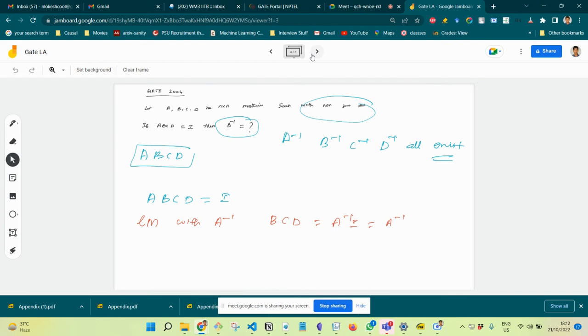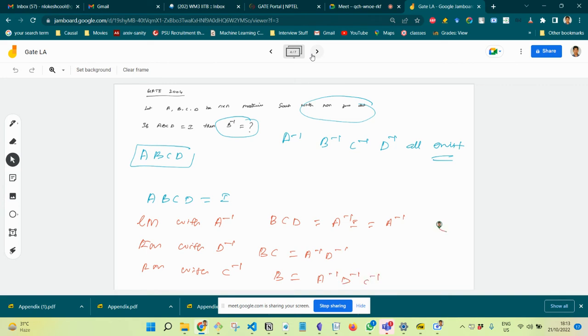Now I should right multiply with D inverse. Then you'll get BC equals A inverse D inverse. At last, you should right multiply with C inverse. When you do that, you get B equals A inverse D inverse C inverse.